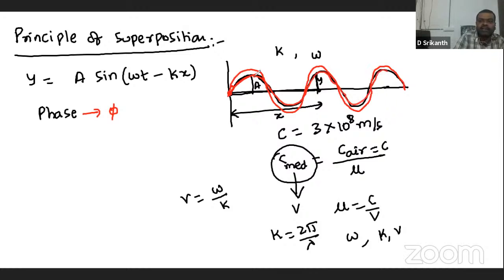Even in alternating current, especially when the alternating current passes through a resistor, we have the graph. This is my voltage, and the current graph will be like this.